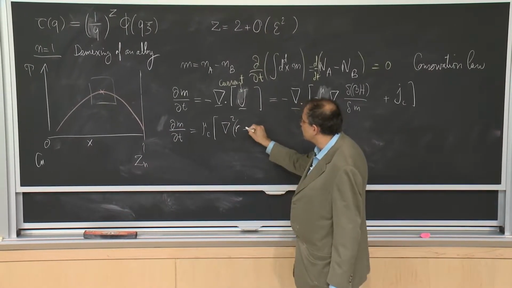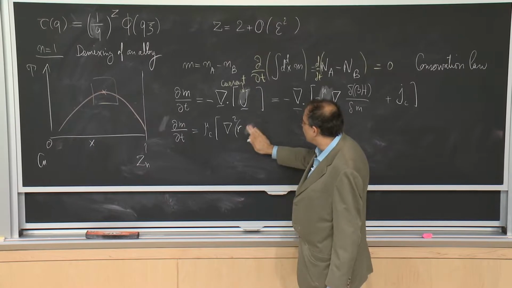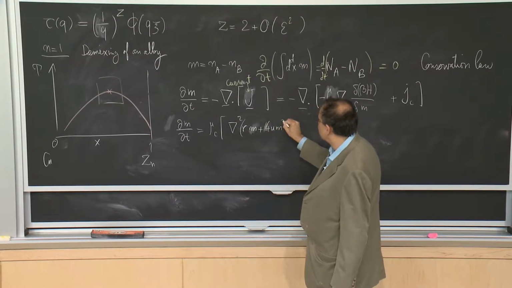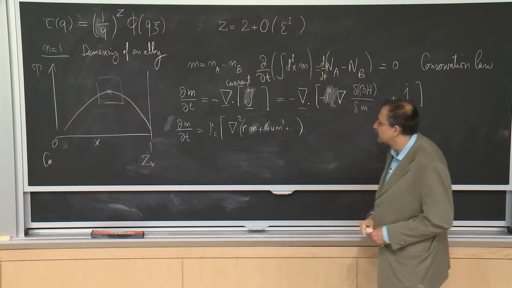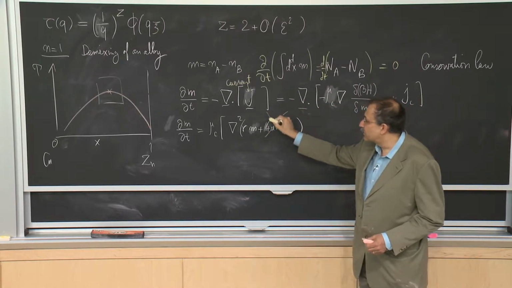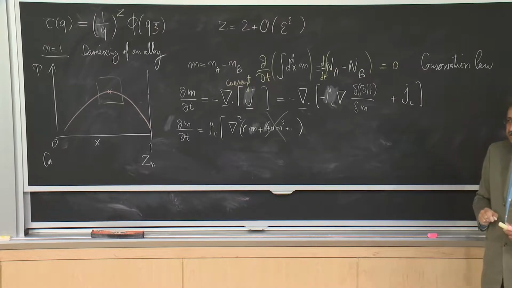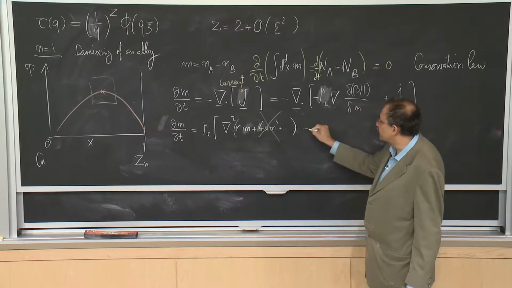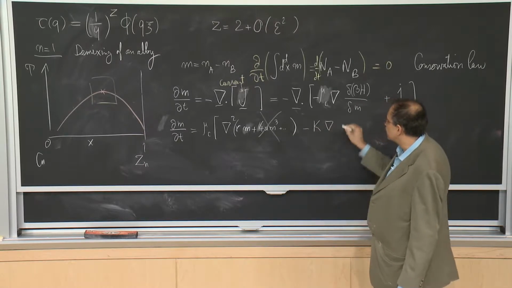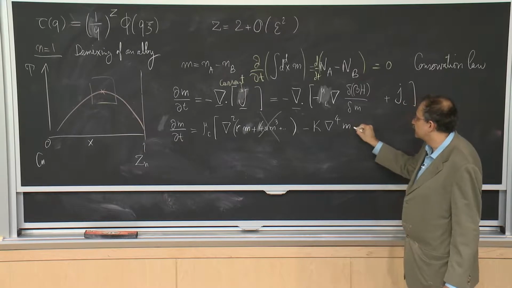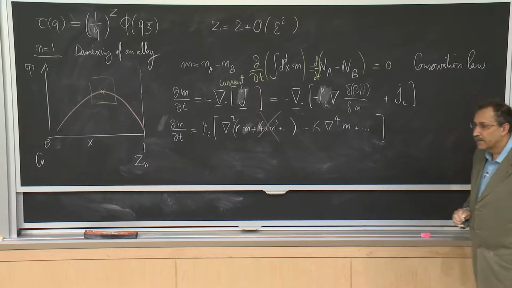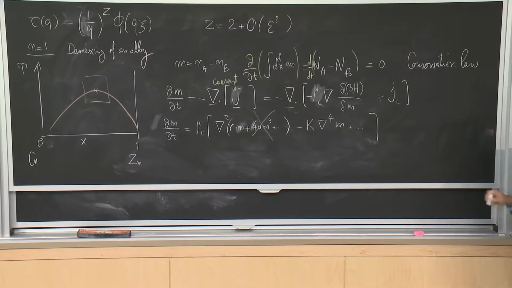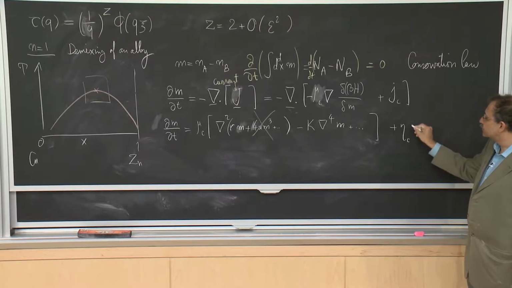Actually, it would be Laplacian of something like r m plus 4u m cubed, and so forth. But we are going to ignore this kind of term. And then there would be higher order terms that would show up, minus k, the fourth derivative, and so forth. And then there will be some kind of a conserved noise that I have to put outside here.